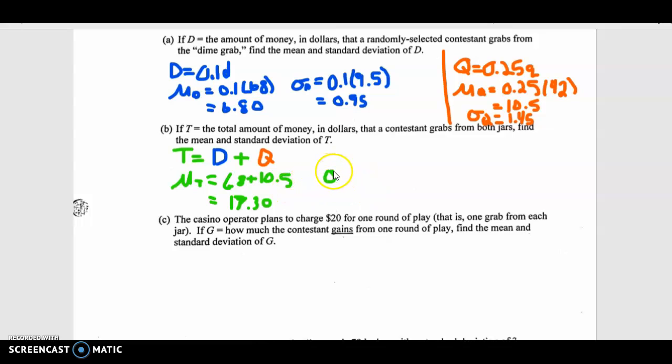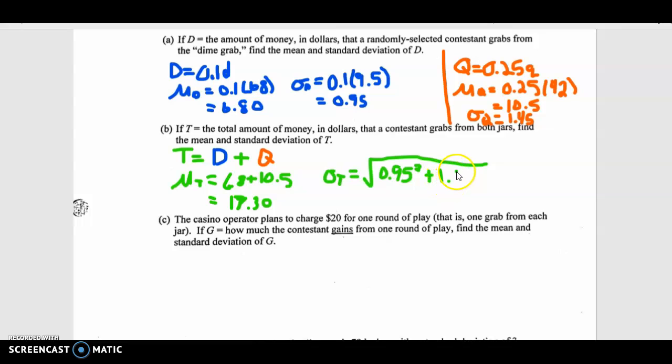Standard deviation, regardless if this was add or subtract, this is obviously addition, but even if it was a subtraction, to find the new standard deviation, you add the variances. So I go up here to my standard deviation 0.95 and I square it. That's how I get the variance. And I add that to the variance of the quarters.